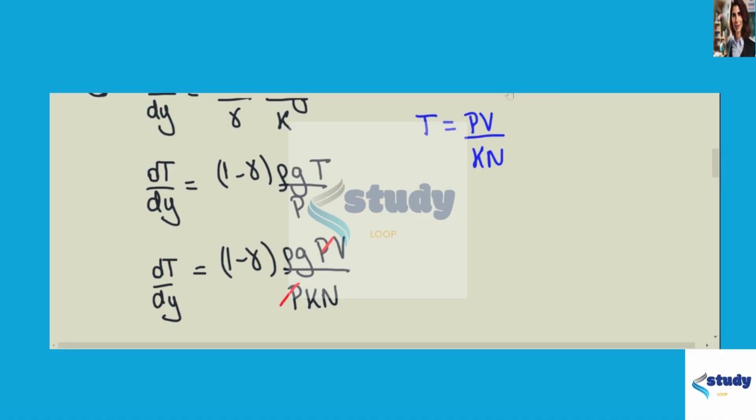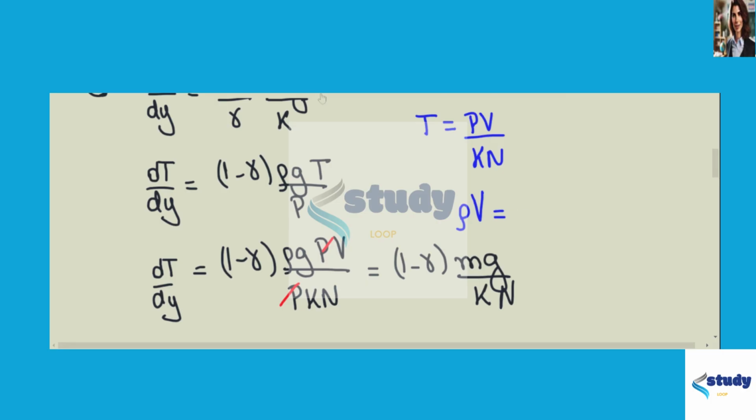And notice that rho, the density, times the volume is equal to the mass. So this is (1 minus gamma) times the mass times g divided by K times n, and actually this is the total mass.